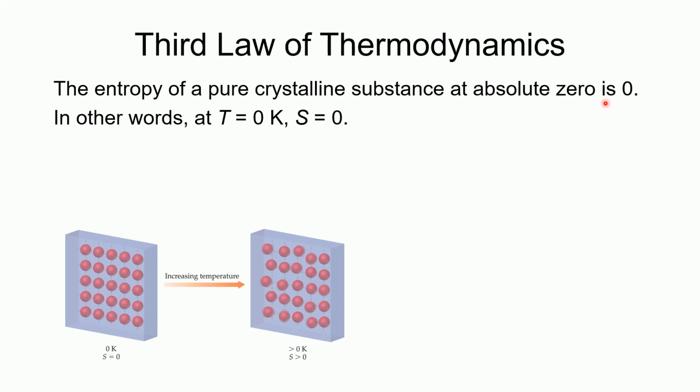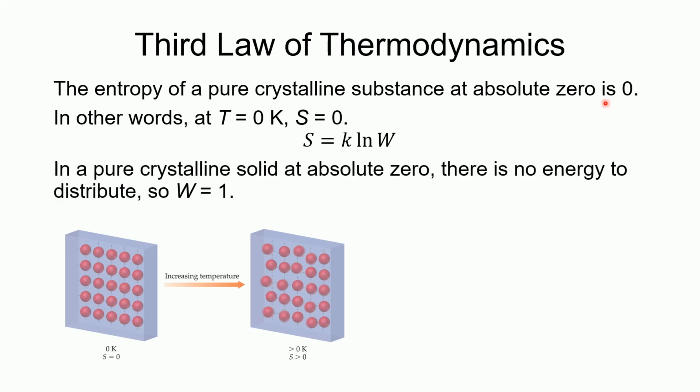And with no energy, there's only one way to distribute no energy, right? And so that means that the number of microstates when there is no energy is going to be 1. So if W is equal to 1, then the natural log of 1, of course, is 0, and so that will give us an entropy of 0.